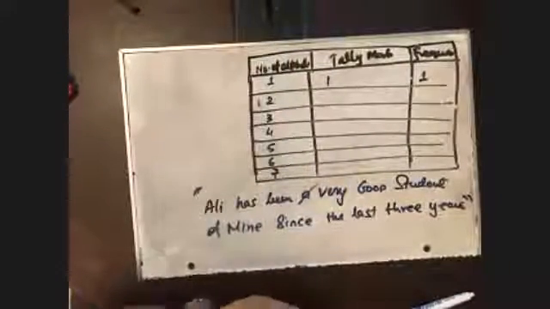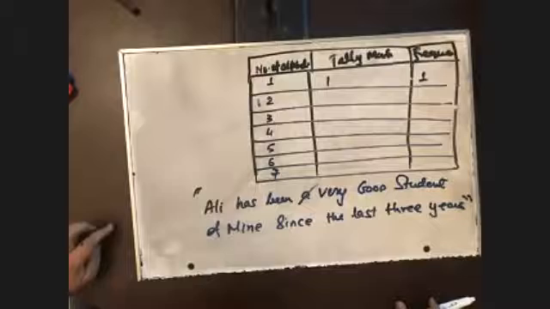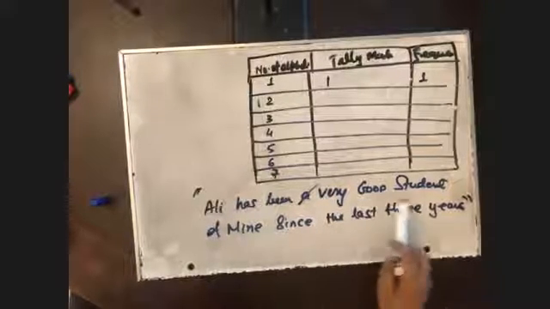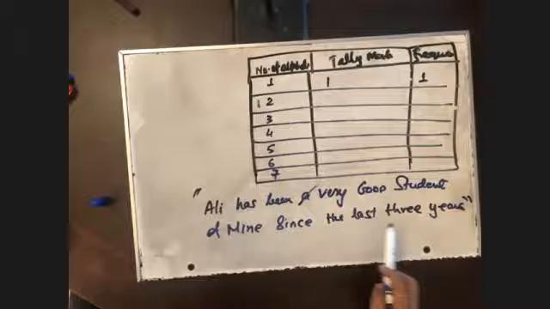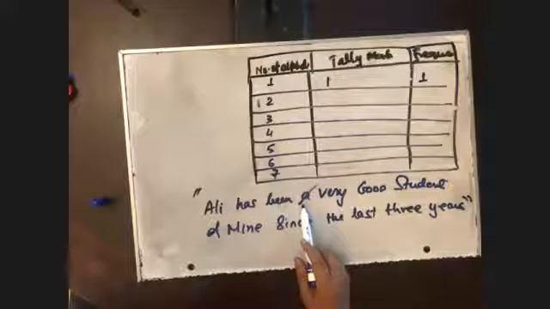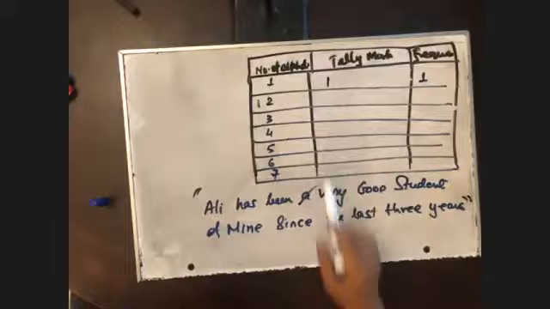Sir, isn't a present three times, once in Ali and then has and then a? Ali has been a very good student of mine since the last 3 years. So, a is a one alphabet word. Okay, so we just do a tally mark here of 1.